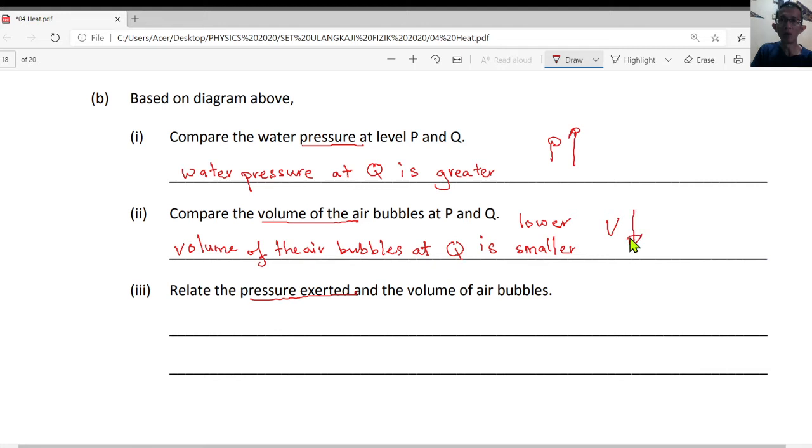Volume becomes lower. That's why I try to be consistent when I choose at which point. I'm choosing point Q. So now I can write: the higher the pressure, or the greater the pressure, the lower the volume of air bubbles.